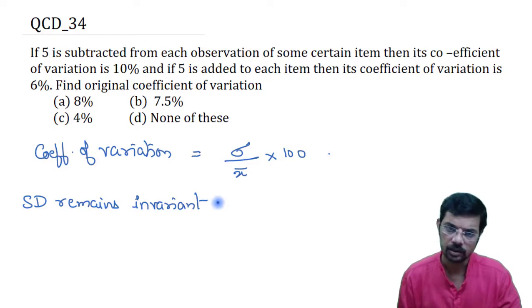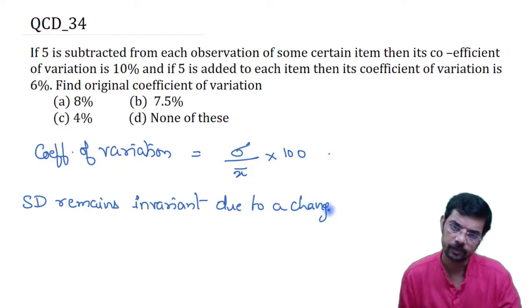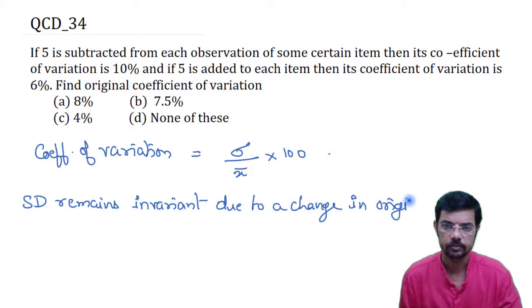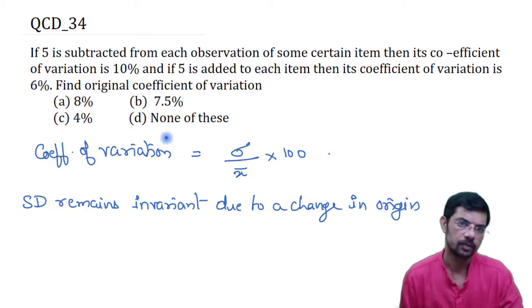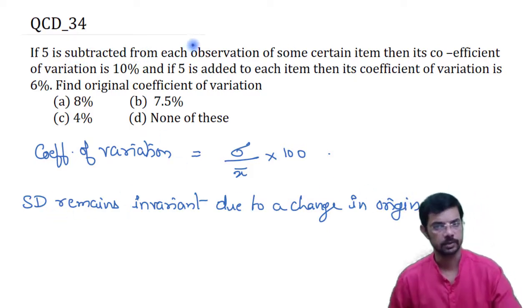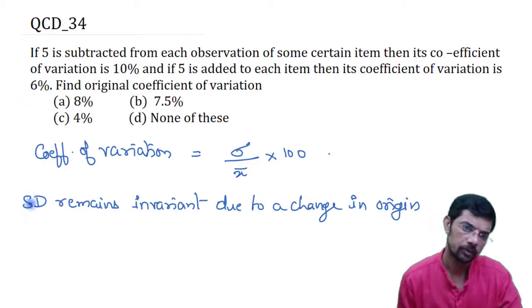So it is invariant due to a change in origin. It does not change when you add or subtract something from each observation. But the mean changes.